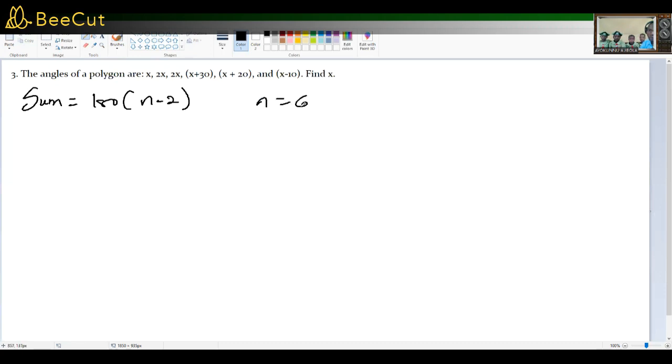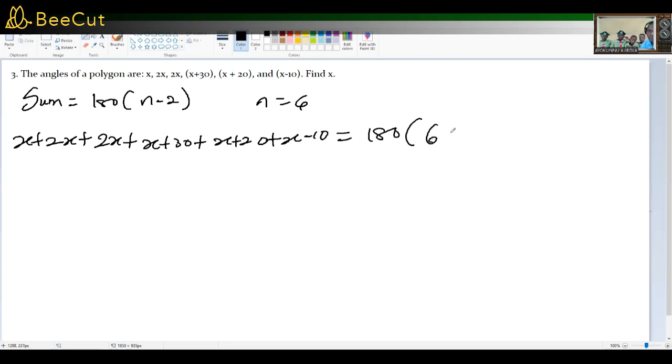So n equal to 6. And sum means I should add all of this together. So I have x plus 2x plus 2x, then plus x plus 30, then plus x plus 20, then plus x minus 10, and that's going to be 180 into 6 minus 2.